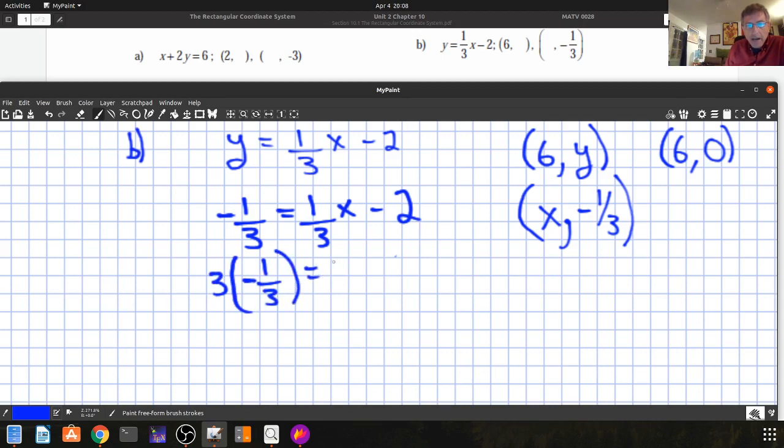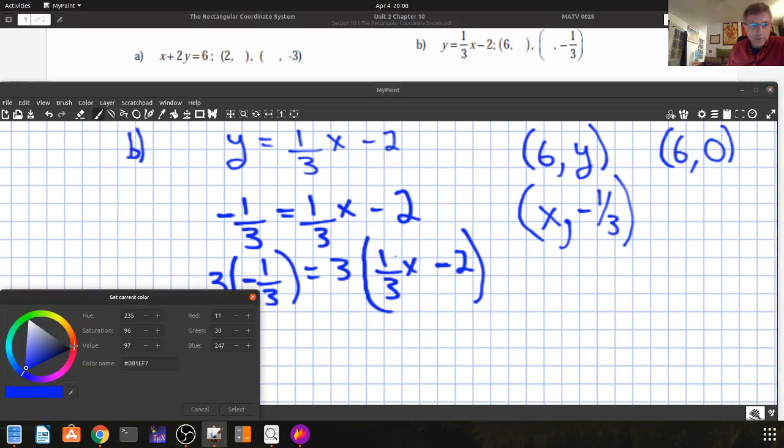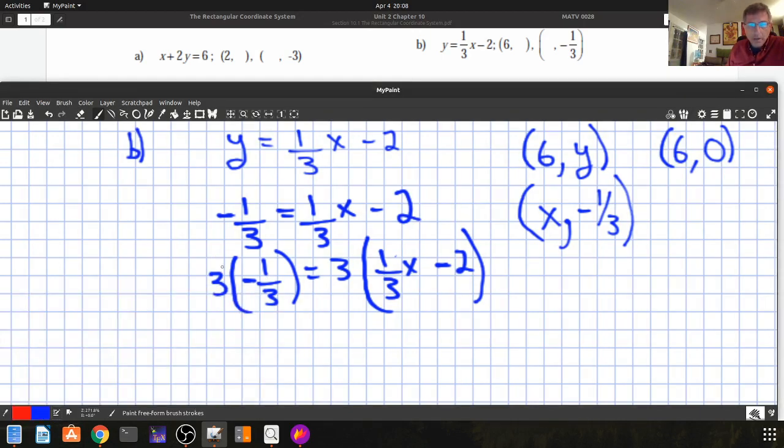You have to be really careful and make sure you multiply everything on the right hand side by 3. The result is I'm going to clear some fractions. So 3 times minus 1/3 is the same as 3. If you want, let's just get used to doing this. You have a 3 here and a 3 here, so that cancels and I get a minus 1.